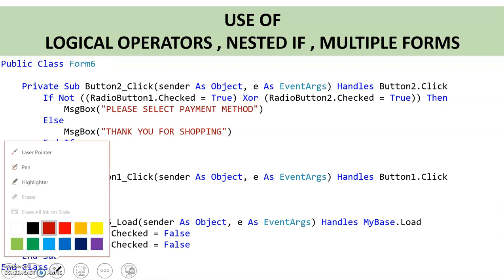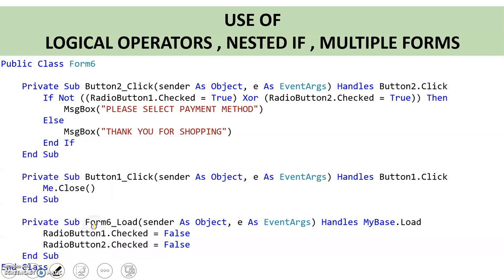When I click on this pay button, what do I want to do? If not radio button 1 checked true, meaning I have not checked the first one, or the second one is true, then of course we need to say please select payment method.